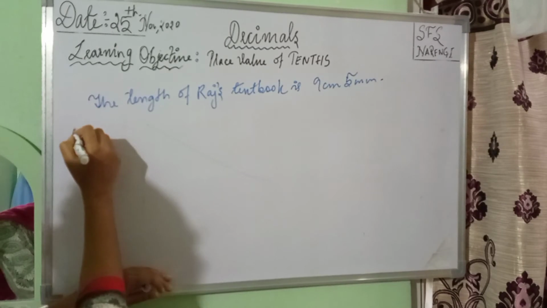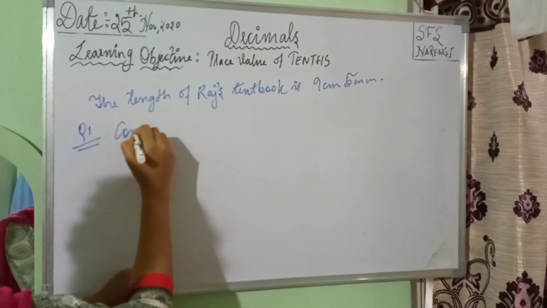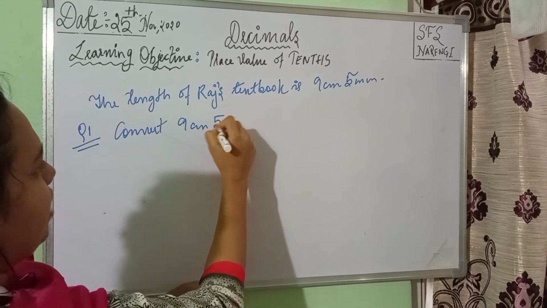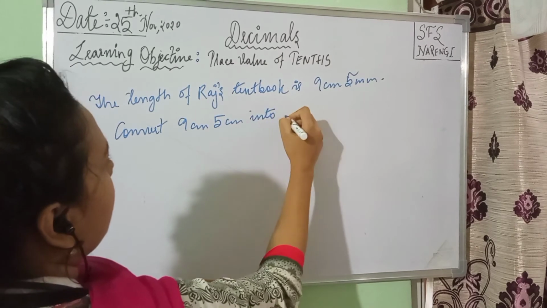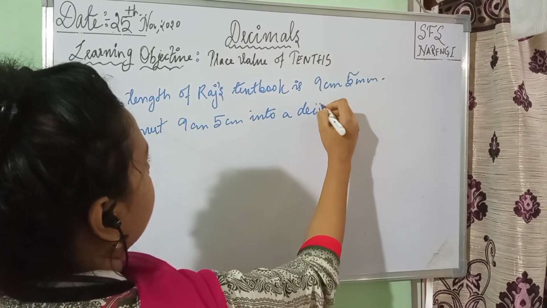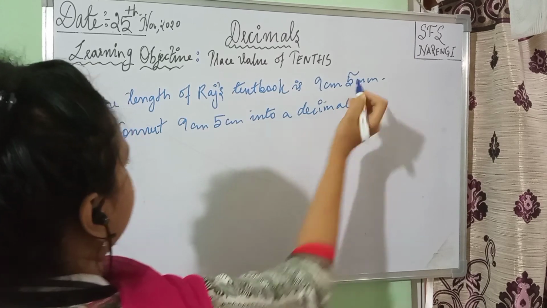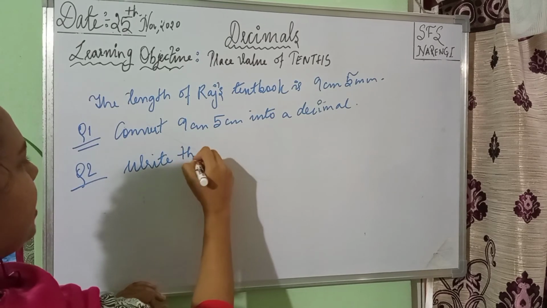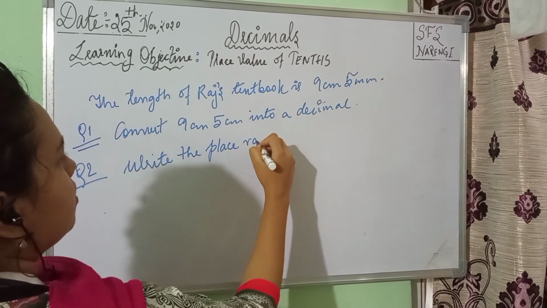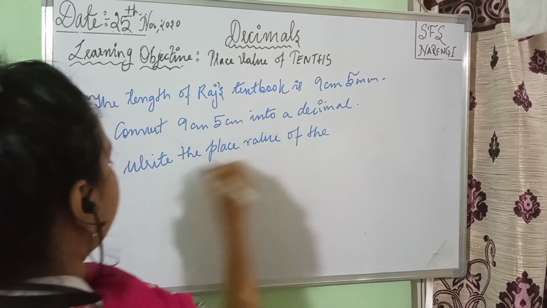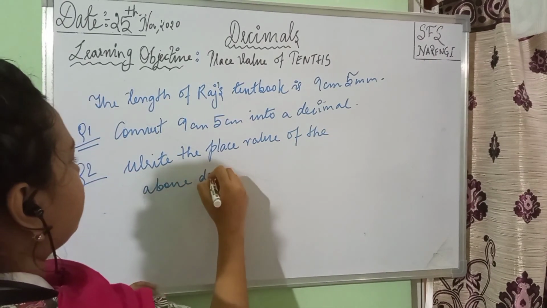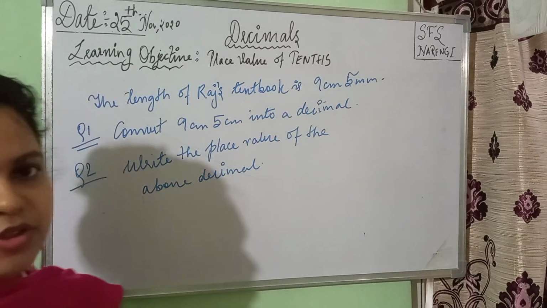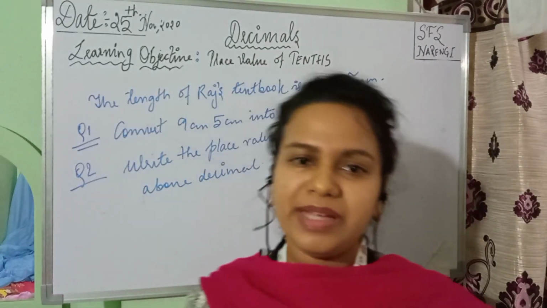Question number 1 is to convert 9 centimeter 5 millimeter into a decimal. And number 2, write the place value of the above decimal. All right, please try this question, children, and if you have any problem, please get back to me.